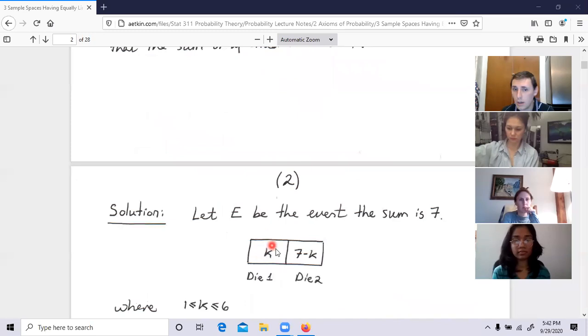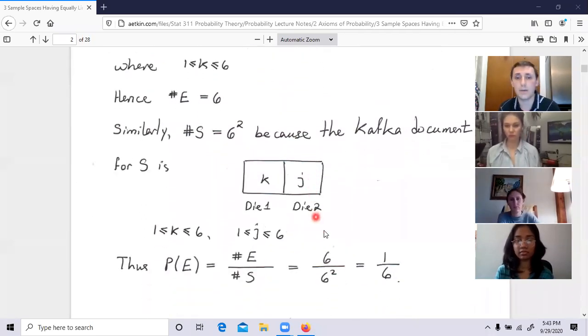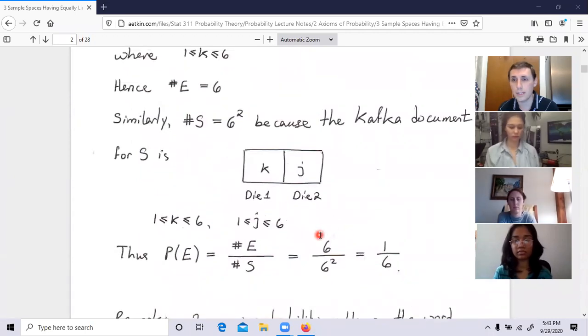Well, all we have to know is the value on the first die. If the value is k, the value on the second die has to be 7 minus k, correct? As soon as I tell you what this is, the other value is determined. So that means there are exactly 6 universes that correspond to the sum equal to 7. 6 divided by 6 squared is 1/6.